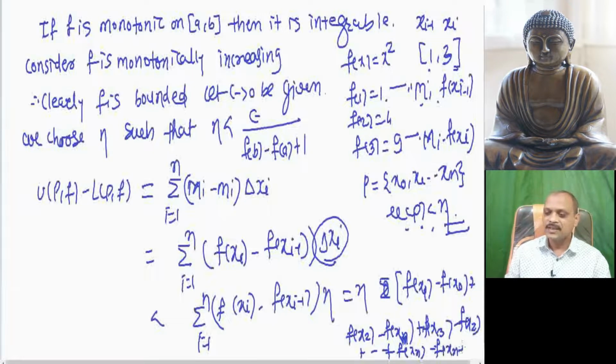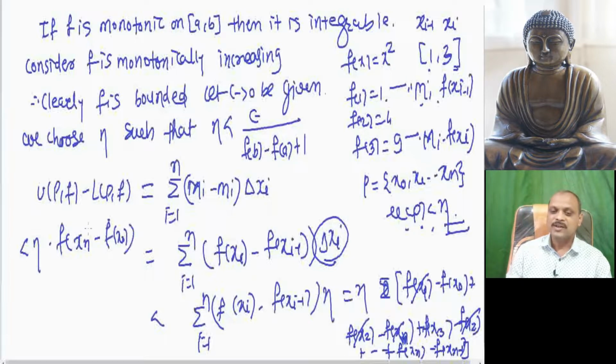Now you can see that this x1 and this x1 get cancelled, x2 gets cancelled, every value gets cancelled, and we have upper sum minus lower sum is less than eta into f of xn minus f of x0. Okay, but what is f of xn? f of xn is f of b. So this is eta into f of b minus f of a.